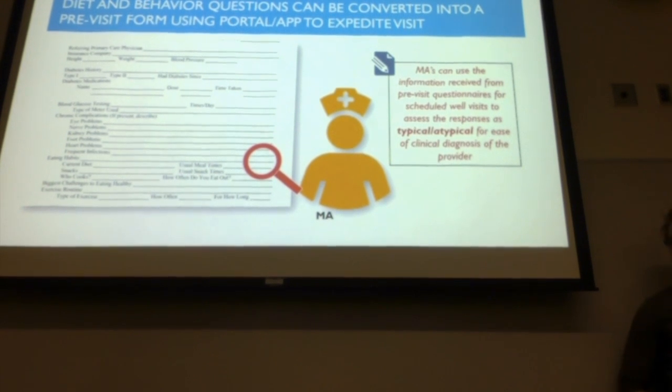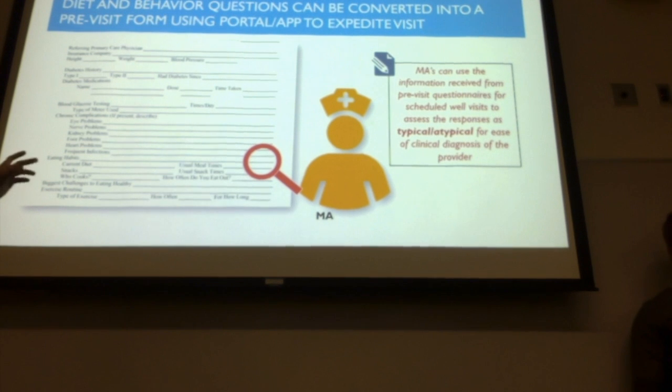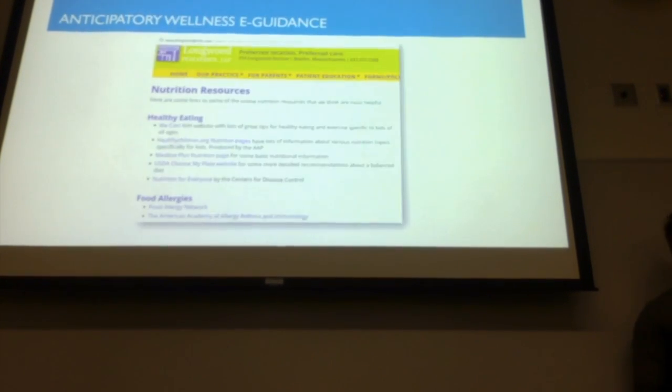If this kind of form is sent to a patient and uploaded on the website, or they bring it to the clinic themselves, then the MA can just make an assessment of whether the diet or the behavior is typical or atypical, and that is the only information which is relevant for effective clinical diagnosis.